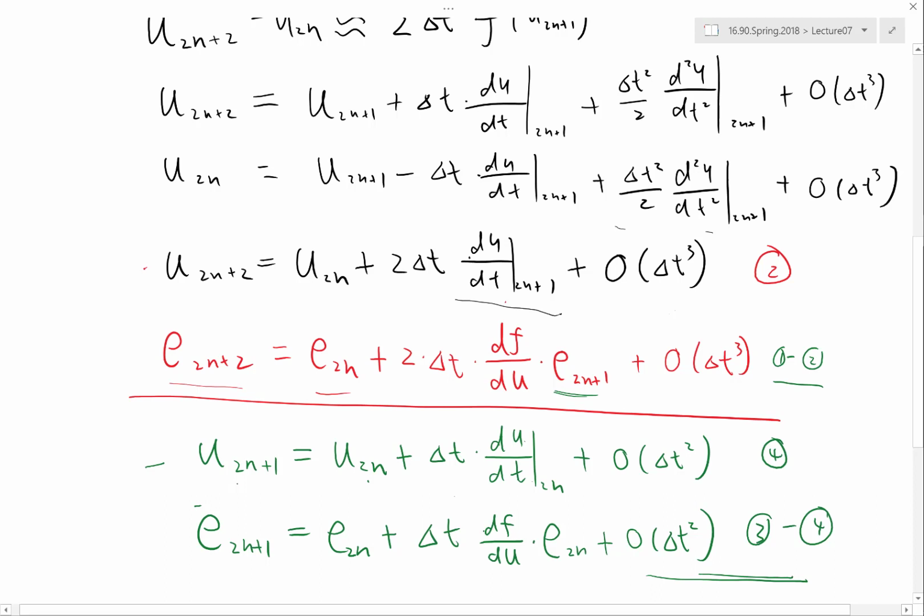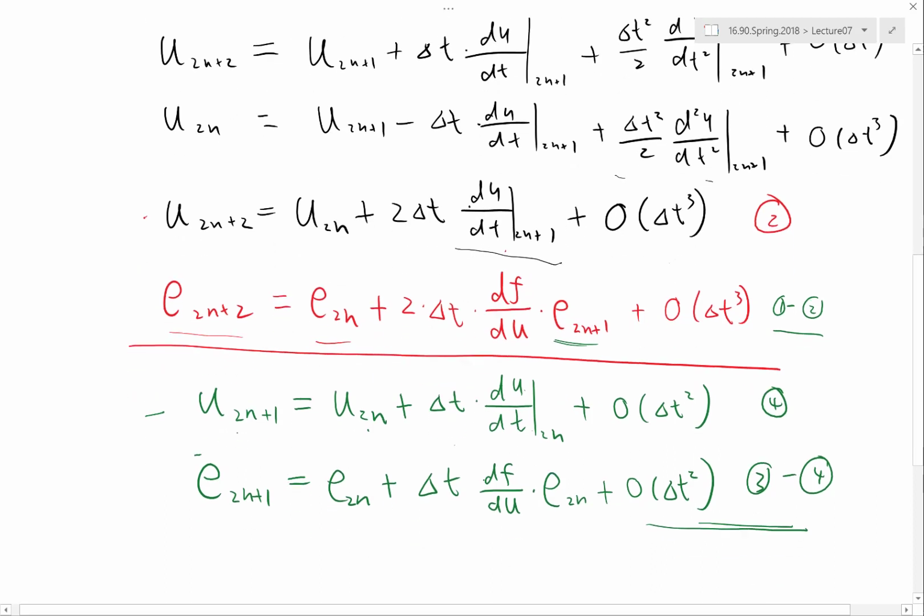The worst is actually delta t squared. But the tricky thing is that this error at 2n plus 1 only appears inside here, which is multiplied by delta t. It actually didn't appear over here. So the carried over term is actually from all these even terms, right?